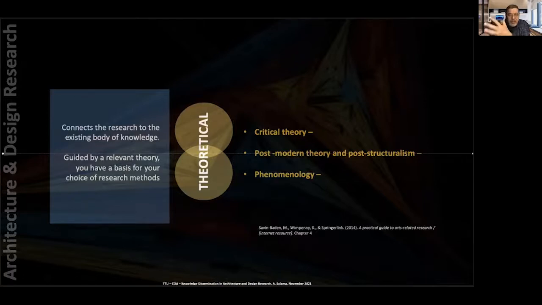I'm sure many of us would have their definitions and also their operational definitions. For example, critical theory relates to the influence of power and authority, as well as how political, historical, and socioeconomic forces influence people and their environment. So we can look at this as a form of theoretical research. And the same applies to postmodern theory, post-structuralism, and phenomenology.